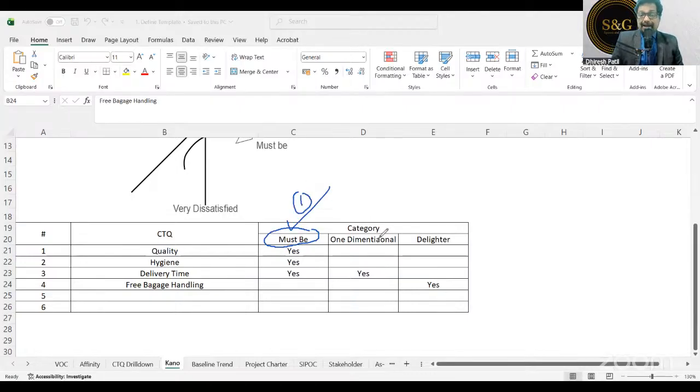And if all the must-be's are taken care of and the customer is satisfied with that, then you focus on one-dimensional. That is your priority number two. Are you clear with this?